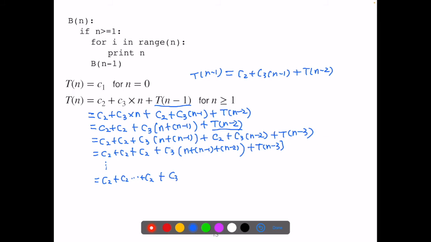And then we also have C3, and a really long term here. We'll decide what this is. And in the end, we get to the base case, Tn minus n. That'll give us T0, and we know that's C1. So now the question is, how many C2s do we have?